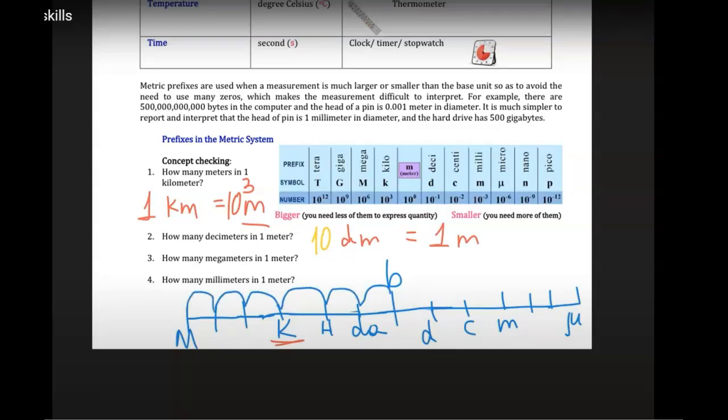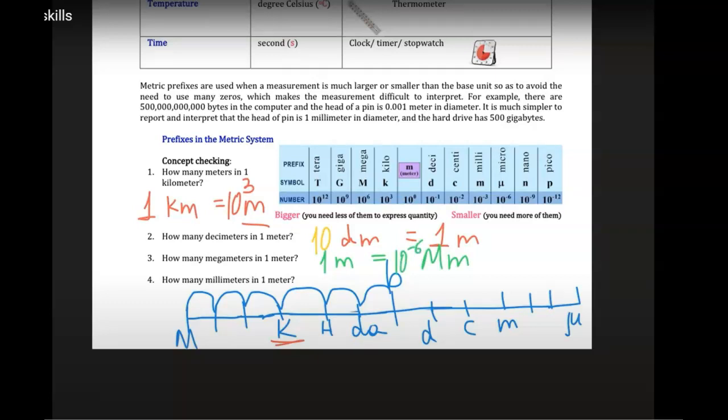So mega is 1 million times greater than the base, right? But here it's asking you to do something slightly different. It's asking, 1 meter, how many megameters would it equal? Well, if mega is 1 million times greater than the base, then it's going to be 10 to the negative 6 megameters.